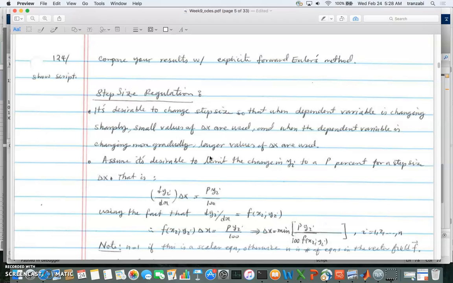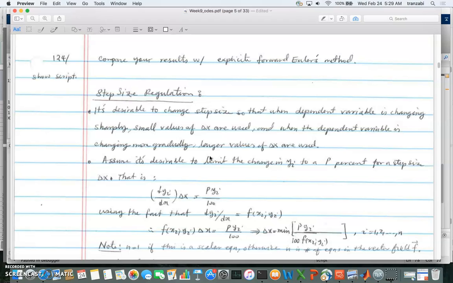Sometimes the function changes a lot, like if the slope of a function is really large and the function changes drastically in a short distance along x, then we want to have different step sizes. If the function doesn't increase or decrease much, then the step size can be big. Integration can take larger delta x, and the error is not going to be much in that case because the function doesn't change much.